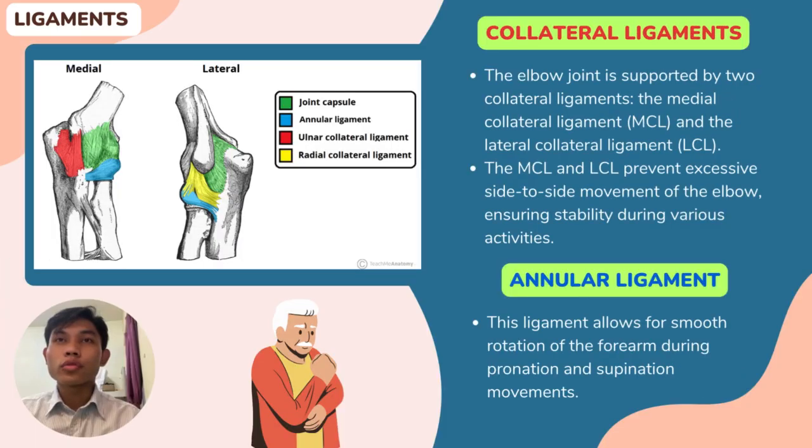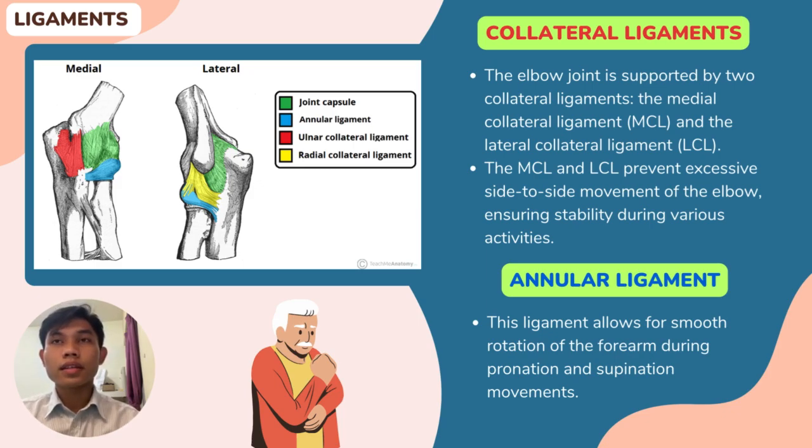In addition to the bones, the elbow joint is reinforced by a network of ligaments and tendons that provide stability and facilitate movements. The first ligaments are the collateral ligaments. The elbow joint is supported by two collateral ligaments, the medial collateral ligament (MCL) and the lateral collateral ligament (LCL).